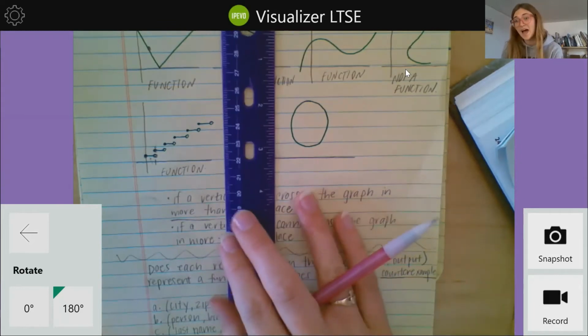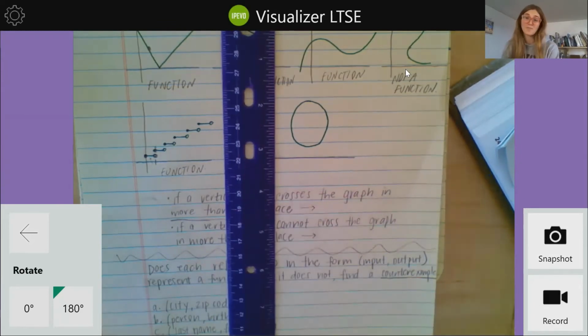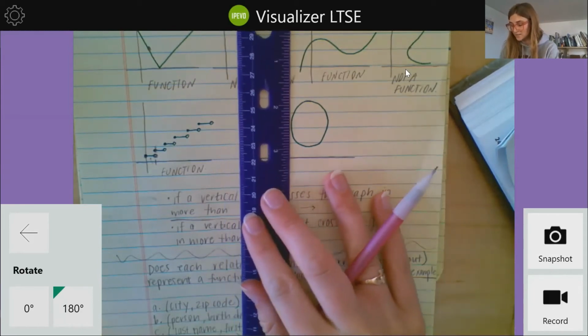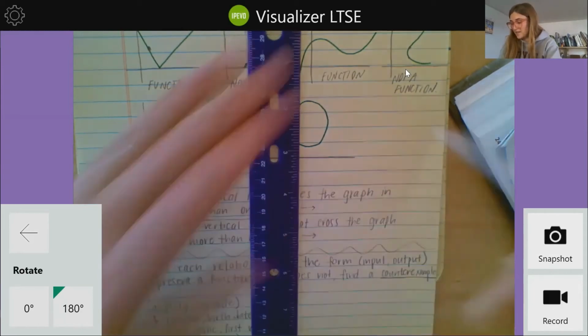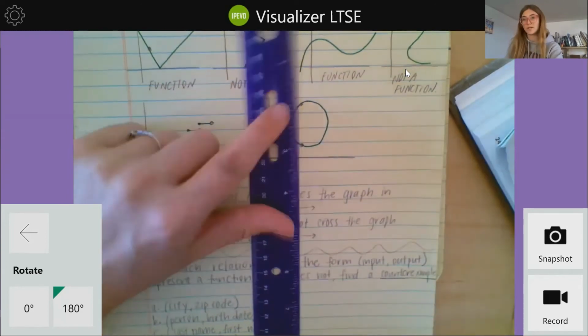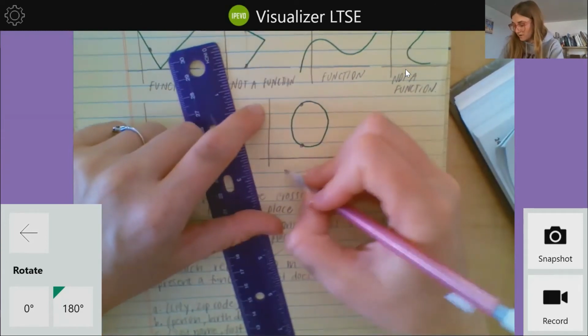So that is an example of something not being a function. And again, we can see that with the vertical line test, that we have 2 places at one point. So again, not a function.